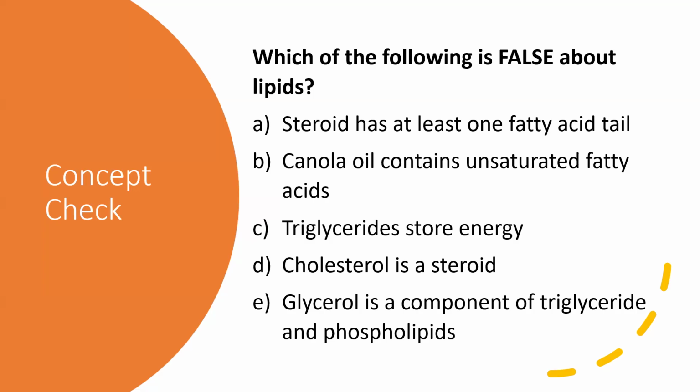Good. Okay, let's take it up. We are looking for the false one, the statement that is not true. Since I know the answer, I'm going to start from the bottom. Glycerol is a component of triglyceride and phospholipid.